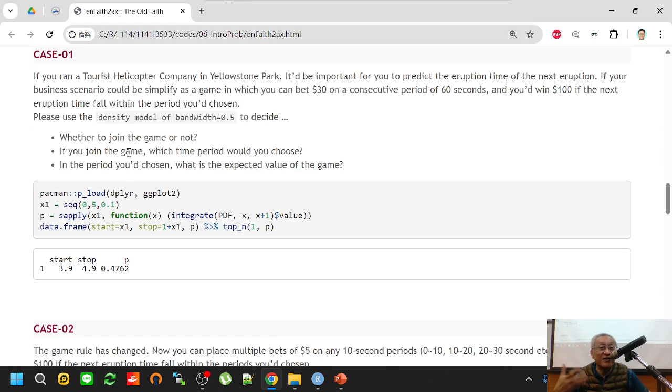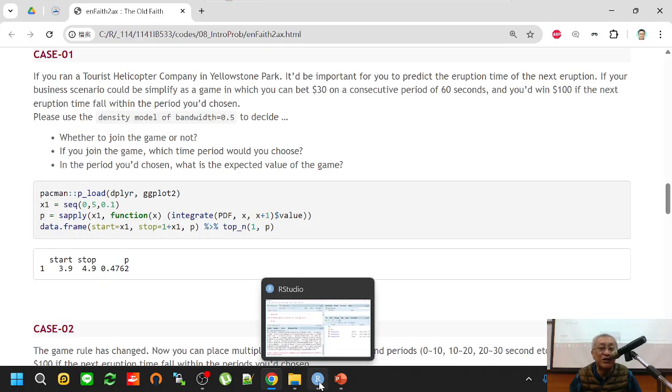In case number 1, as you remember, we want to find a 1 minute period where the probability is the highest, right? Okay. So in order to do that, we can use these 3 lines of code.